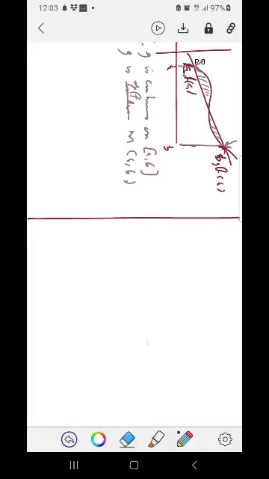Is G(a) equal to G(b)? Because if you go back to the statement of Rolle's theorem, it says that a must be less than b, f of a must be equal to f of b, and so on. Now we are testing it for G.